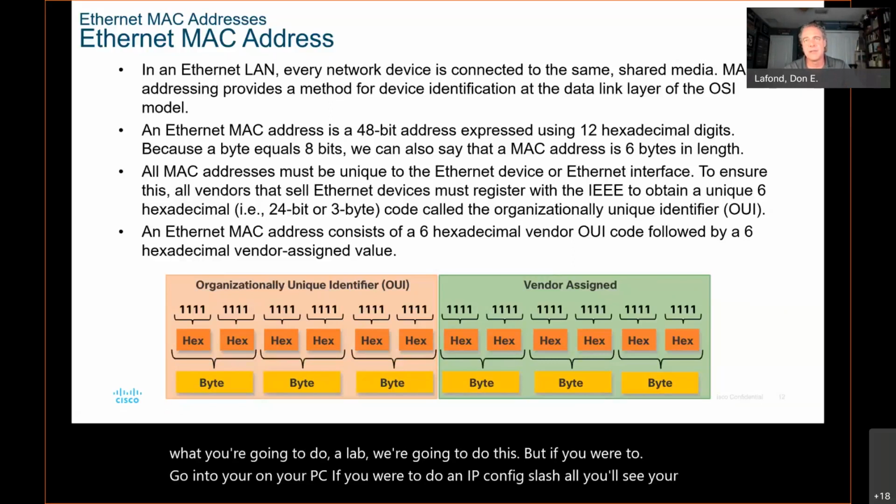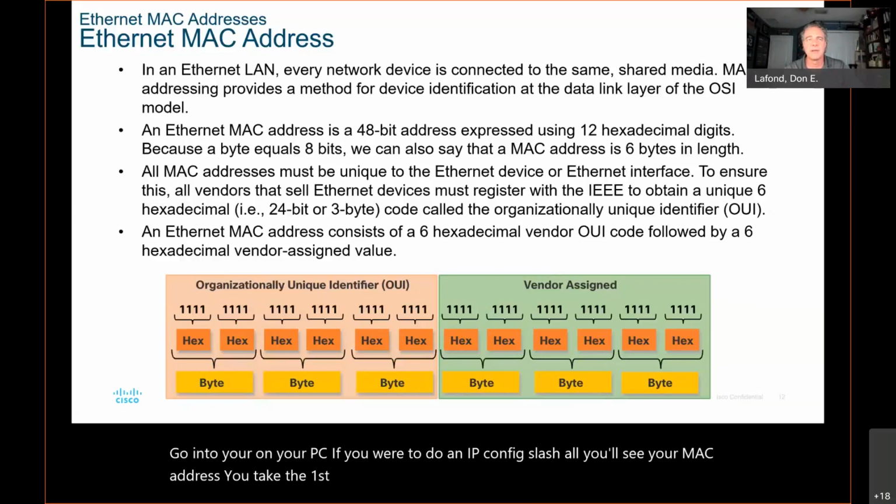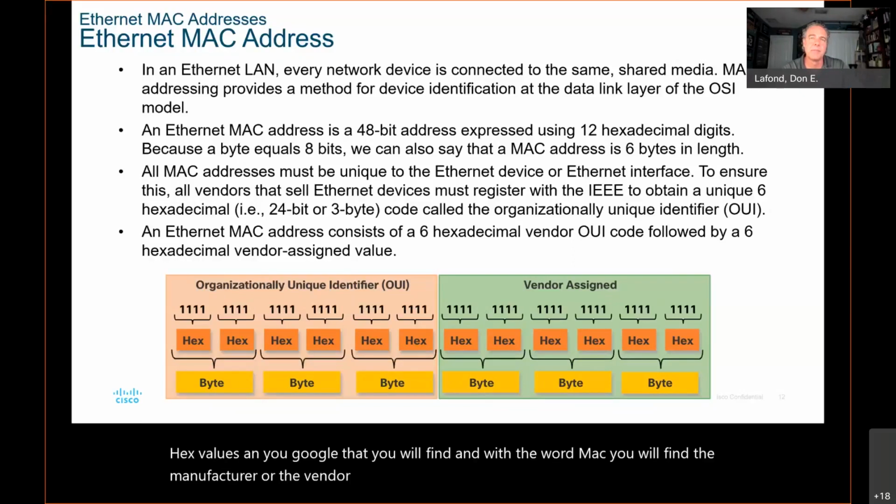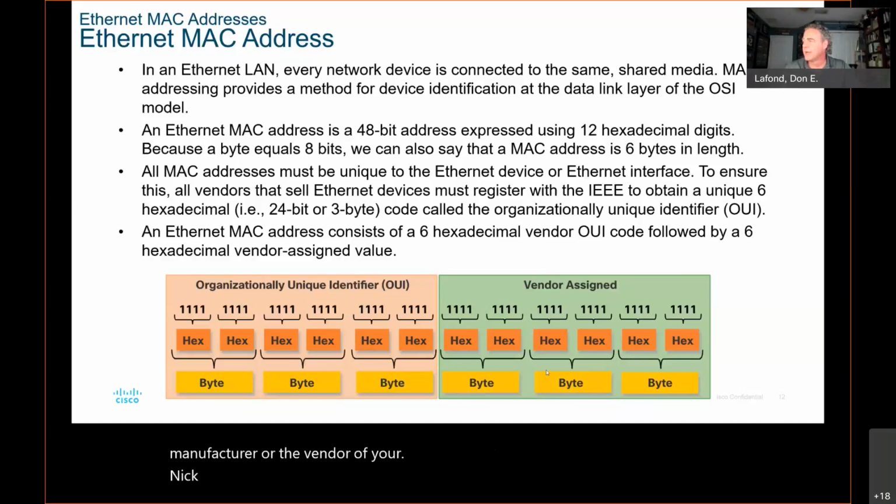You take the first 6 hex values, and you Google that with the word MAC, and you will find the manufacturer or the vendor of your NIC. The last 6 value placements are unique, from all zeros to all Fs.